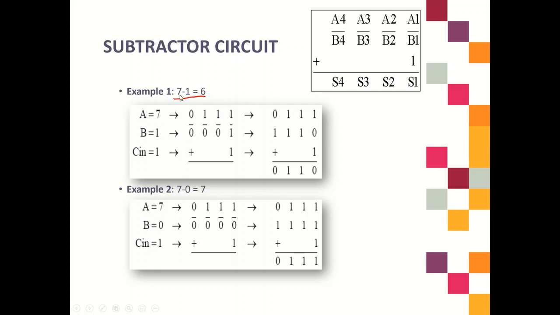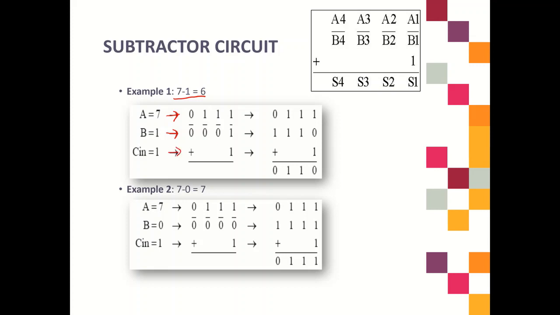Based on these values, 7 is the largest number, so the range for 7 is 4 bits, and that's why you need to represent each decimal by using 4 bits. So A in 4 bits is 0 1 1 1, B in 4 bits is 0 0 0 1, and then you plus 1.